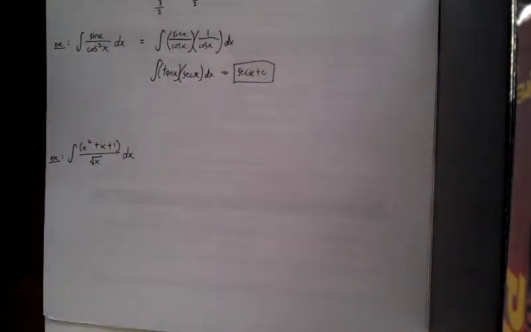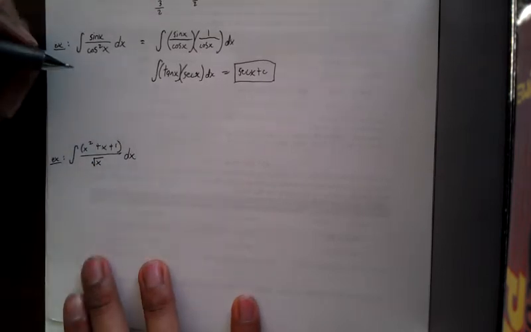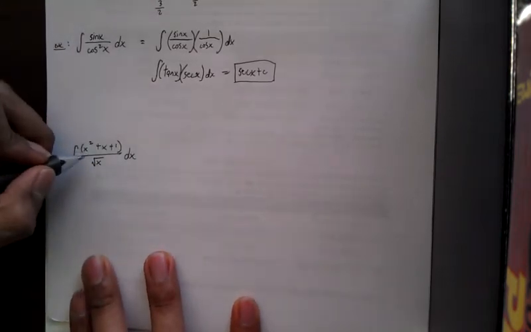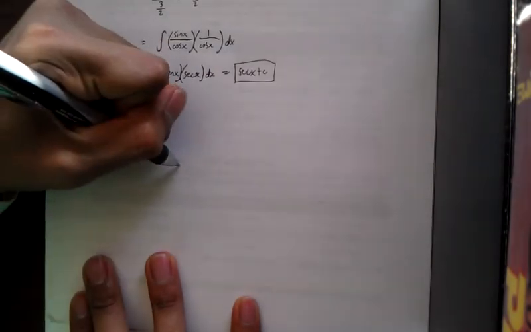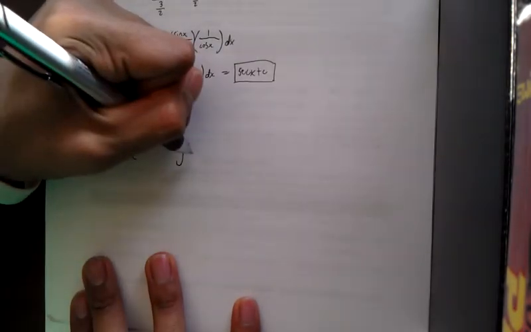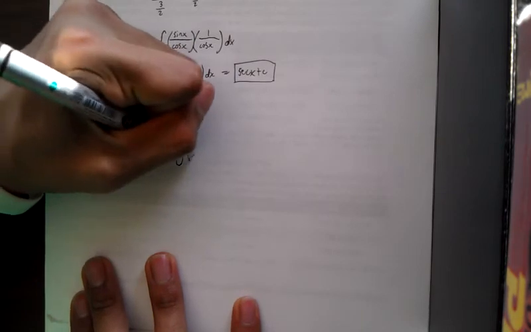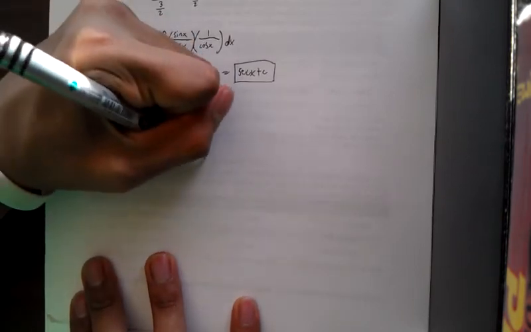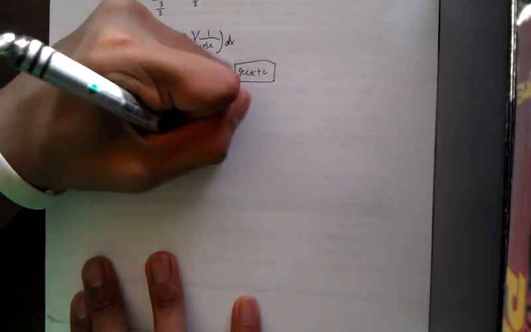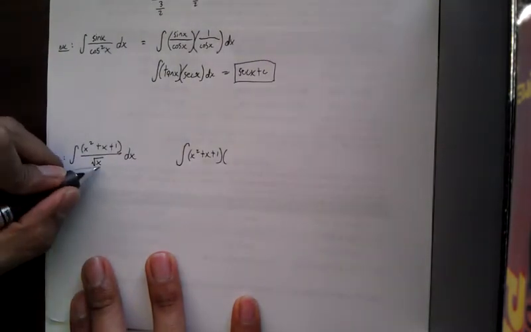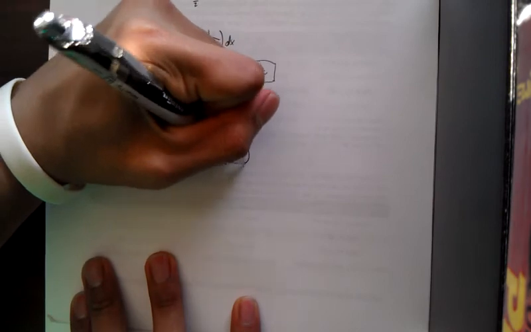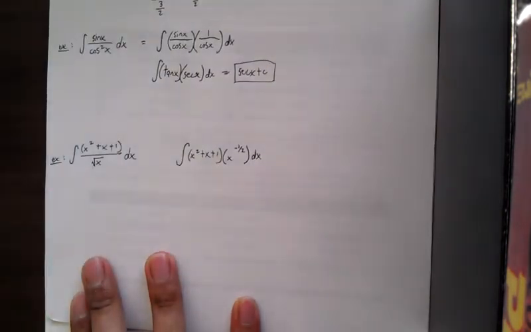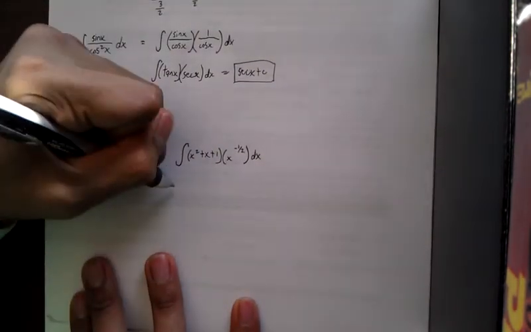And final example, x squared plus x plus 1 all divided by the square root of x. Just rewrite it once again. So you have x squared plus x plus 1 times, when you move this square root of x to the top, you get x to the negative 1/2 dx.